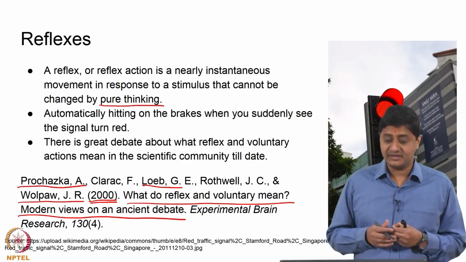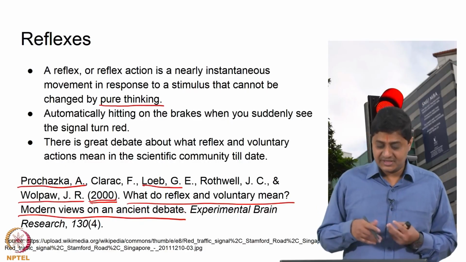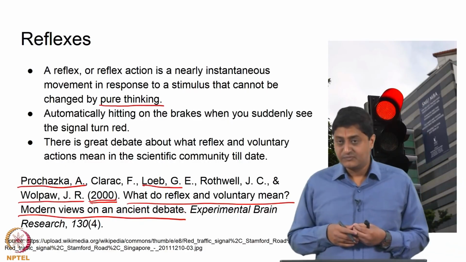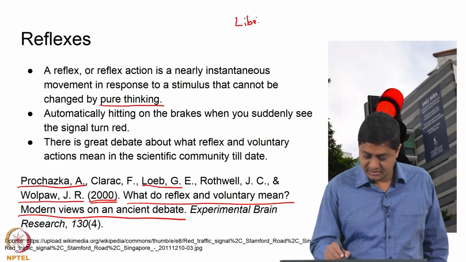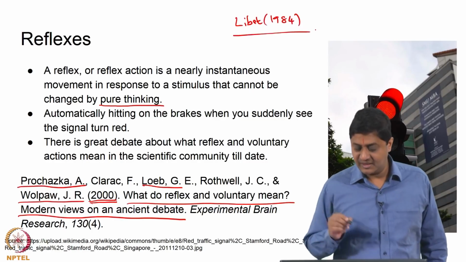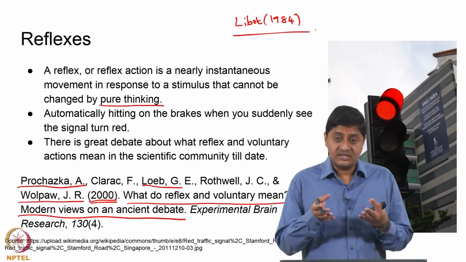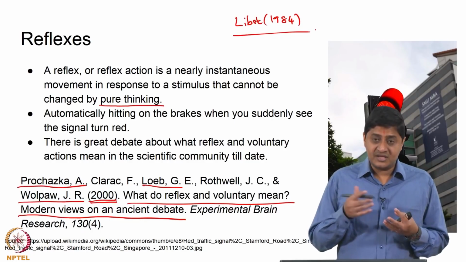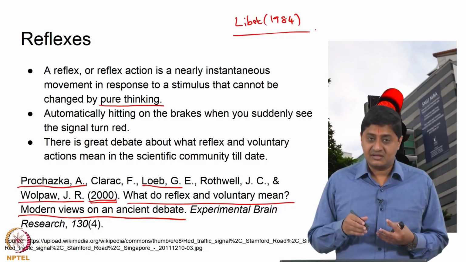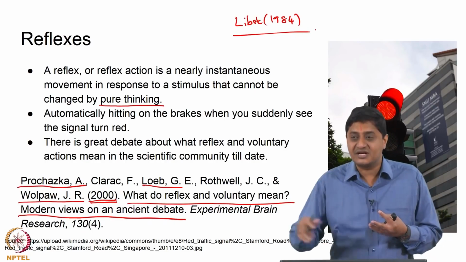What if I know that I am going to do this? Actually there is data from Libet, 1984. There is a paper by Libet where he shows that before you even know that something is going to happen, the sequence of events for that action has already been started.